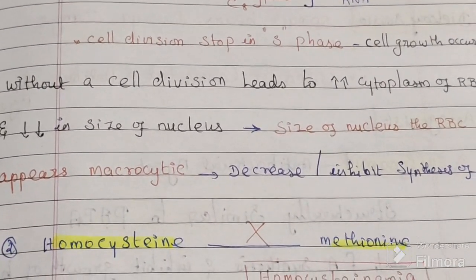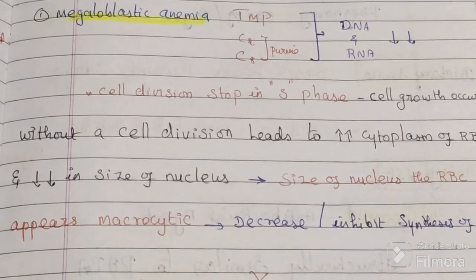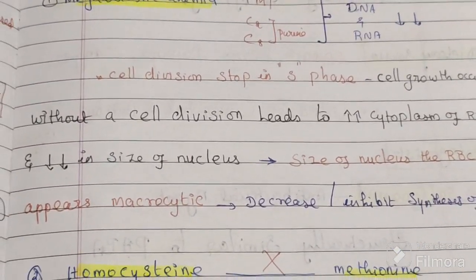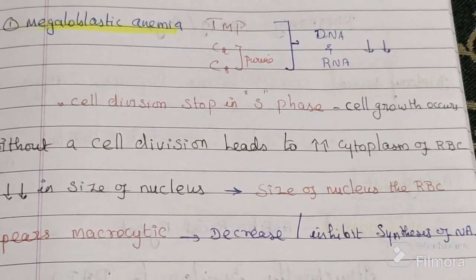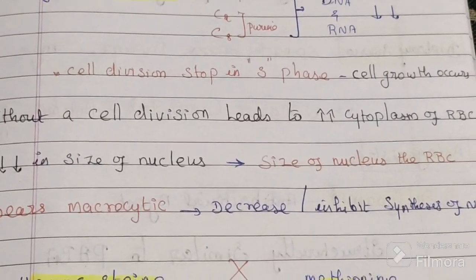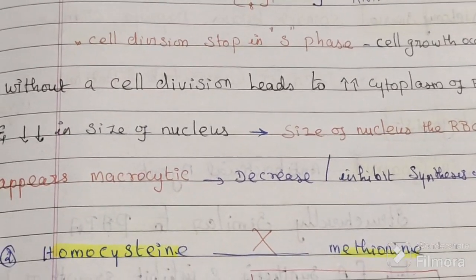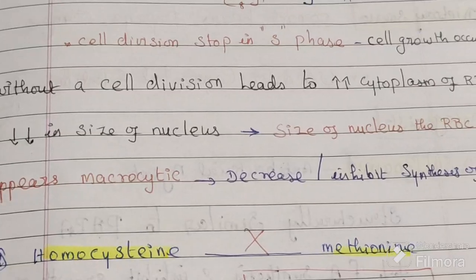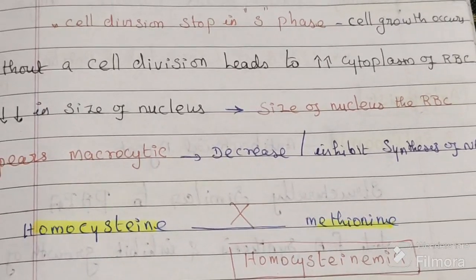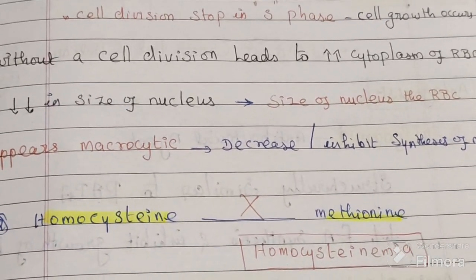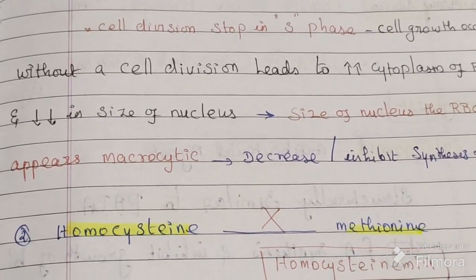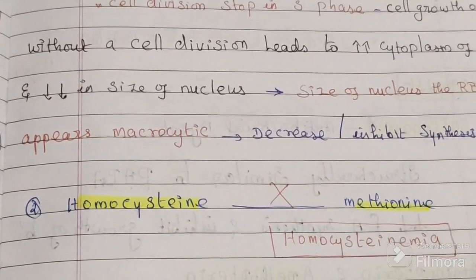With inhibited nucleic acid synthesis, cell division stops in S phase, and cell growth occurs without cell division, which leads to an increase in the cytoplasm of the RBC and a decrease in the size of the nucleus. Due to these two factors, the RBC appears macrocytic and immature.